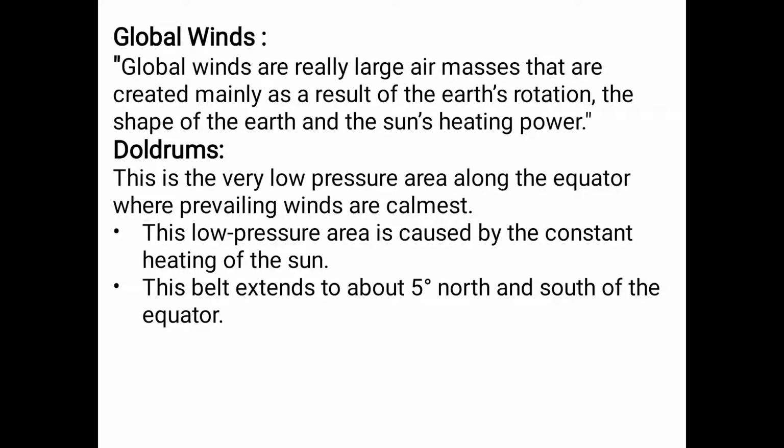The belt of the doldrum extends about 5 degrees north and south of the equator. Simply, the doldrum is an area with very low pressure at its center, and it occurs mainly along the equator.